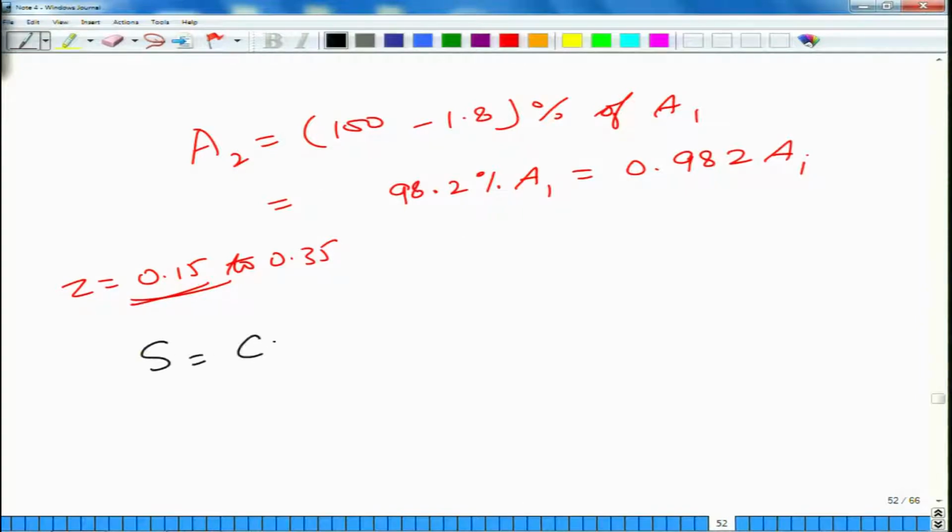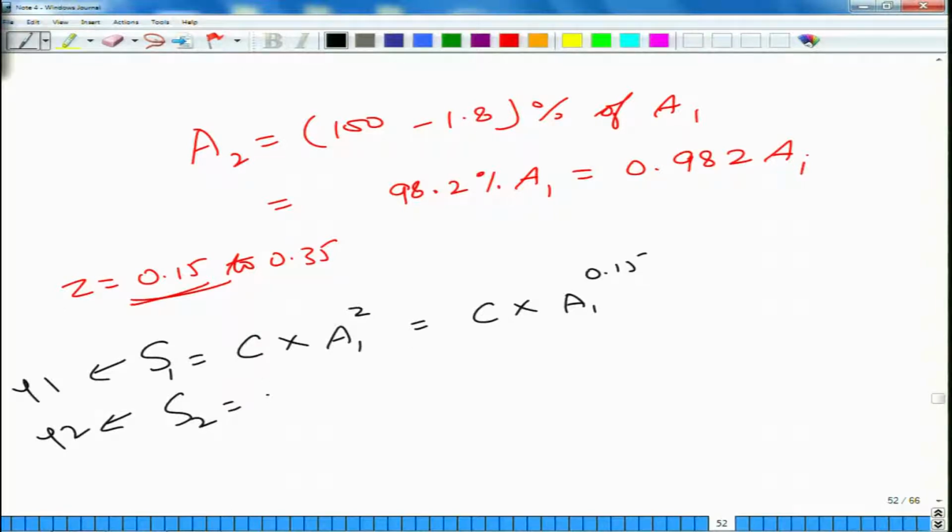Now, S is equal to C into A to the power Z. So, we have S1 is C into A1 to the power of Z, which is C into A1 to the power of 0.15. S2, so this is in the year 1 and this is in year 2, and here we have C into A2 to the power Z, which is C into 0.982 A1 to the power of 0.15.